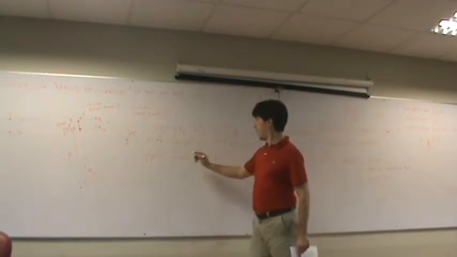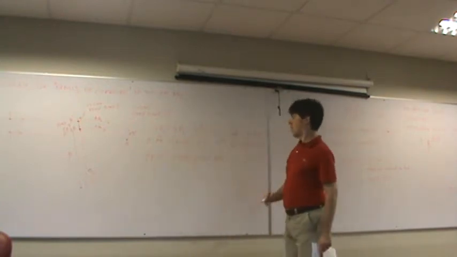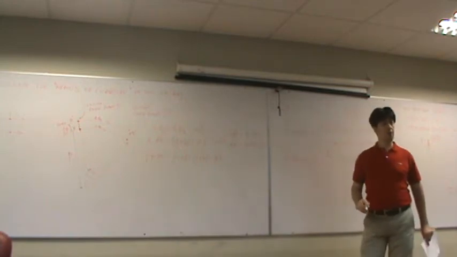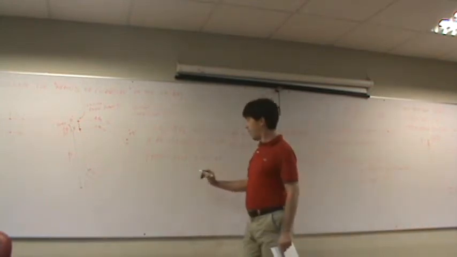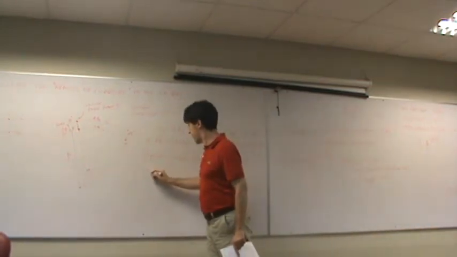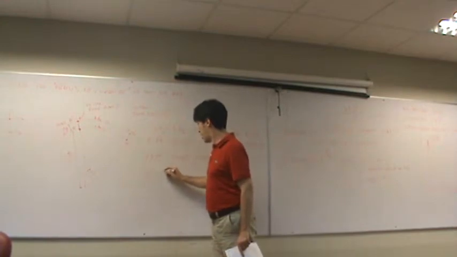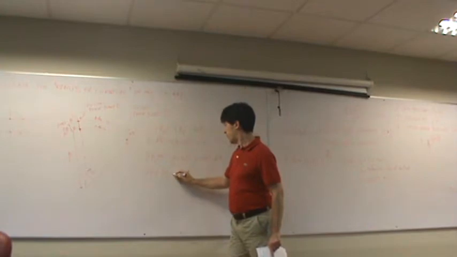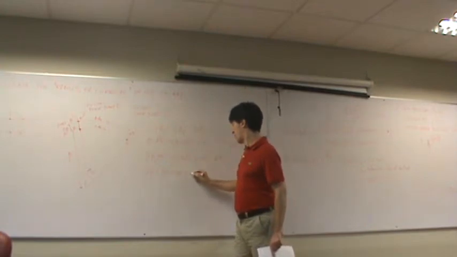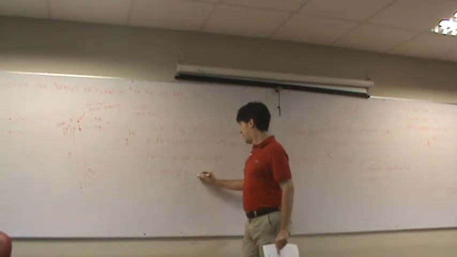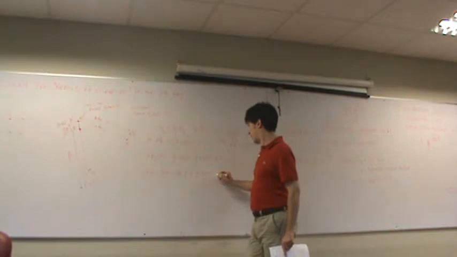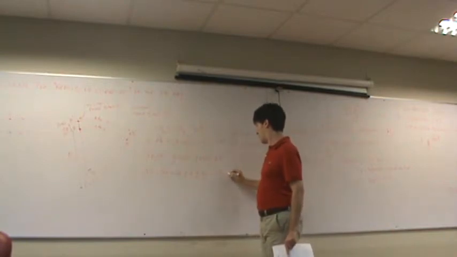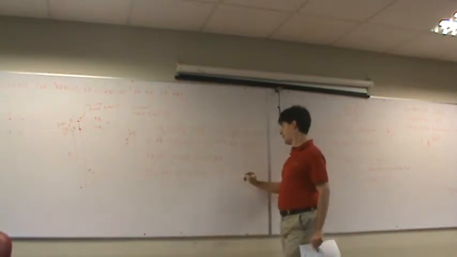And this delta alpha can be cancelled out, and we can further simplify our equation because we get beta rho plus delta beta times rho plus beta delta rho plus delta beta delta rho.